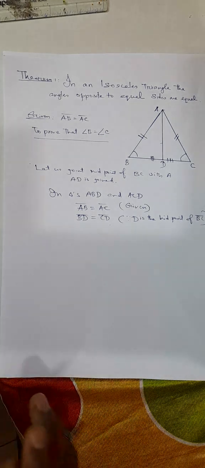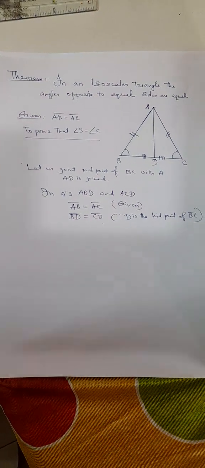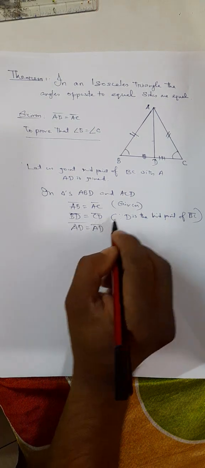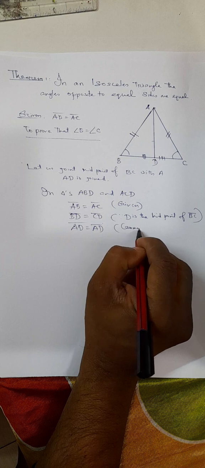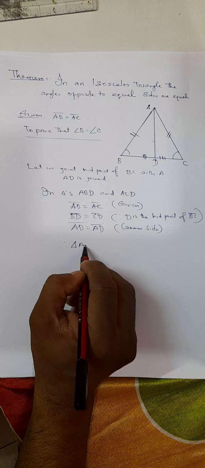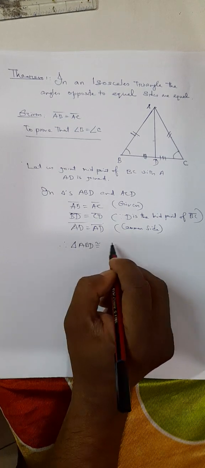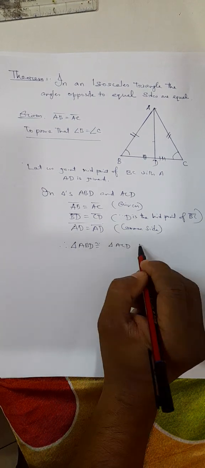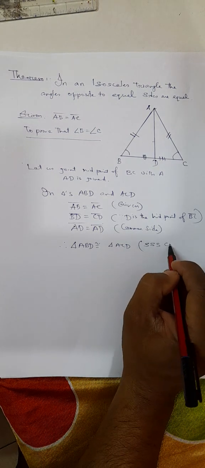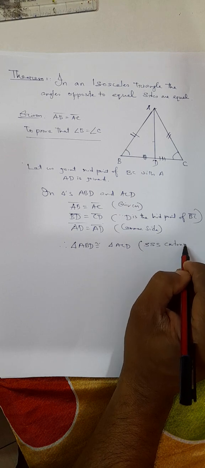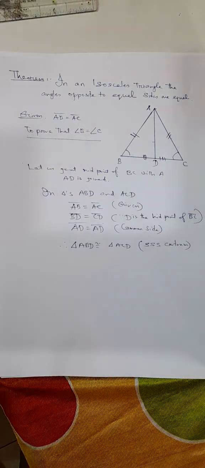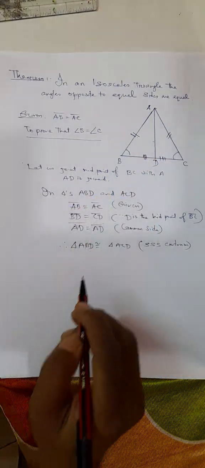Then again we find that AD equal to AD. It's a common side. Therefore, these two triangles ABD congruent to triangle ACD. By which criterion? SSS. Right? Three sides of this triangle are equal to three sides of this triangle. So these two triangles are congruent.